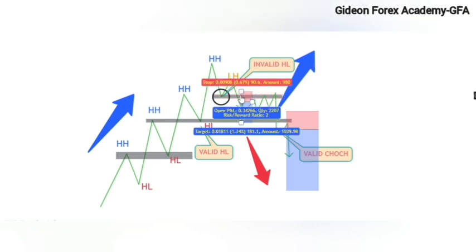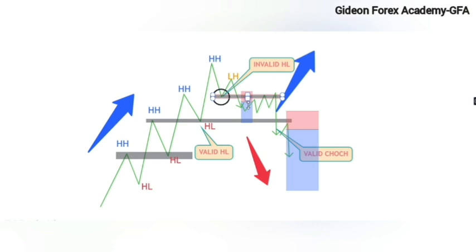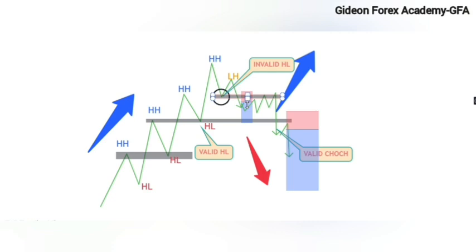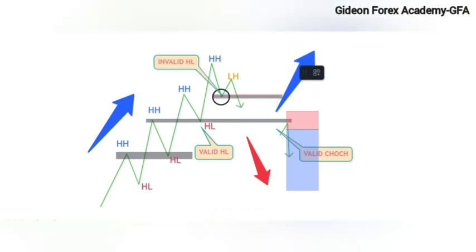Even if there is a break of structure like what happened here, don't be quick to sell. Because if you quickly sell here, the price could form higher highs, because this is still a bullish market. That is why I'm saying you don't quickly sell there.